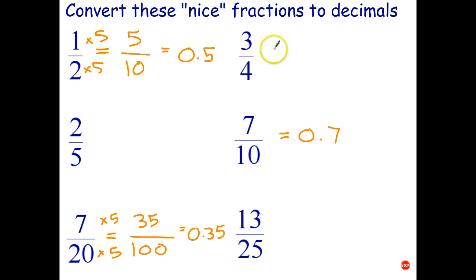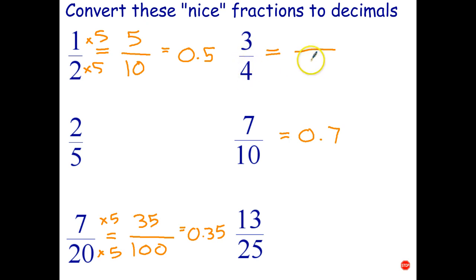Okay, let's see how you went. Well, once again, you might know that 3/4 is 0.75, in which case you can just write the answer down. If you didn't know that, or you weren't confident, we've got to convert that 4 to a 10 or 100 or 1,000.